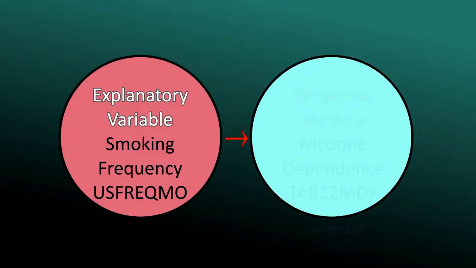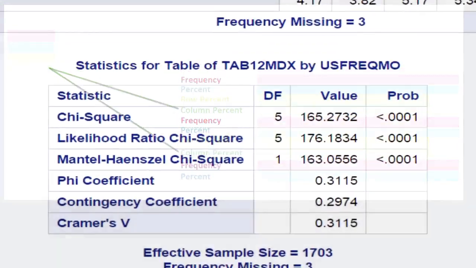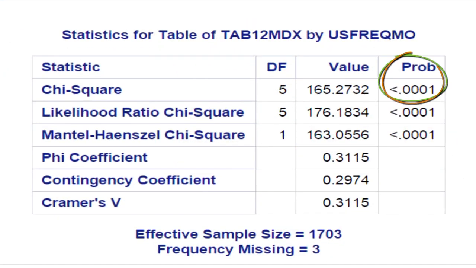My response variable is categorical with 2 levels. That is, the presence or absence of nicotine dependence in the past 12 months, called tab 12 MDX in the NESARC dataset. Our p-value of 0.0001 clearly tells us that smoking and nicotine dependence are associated.